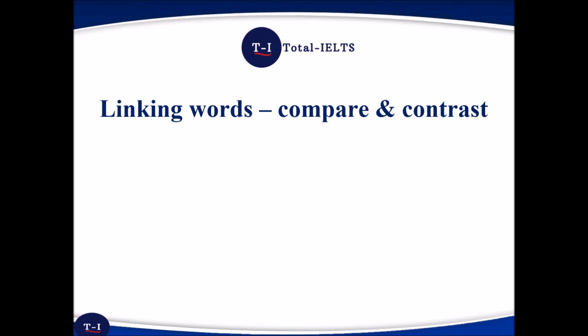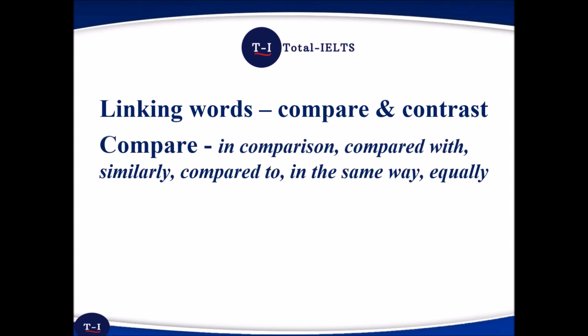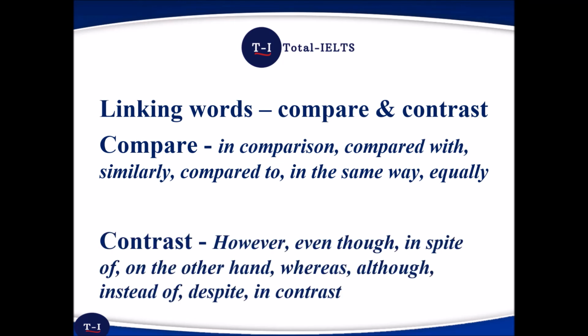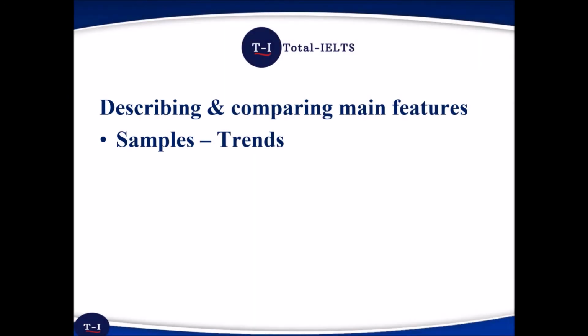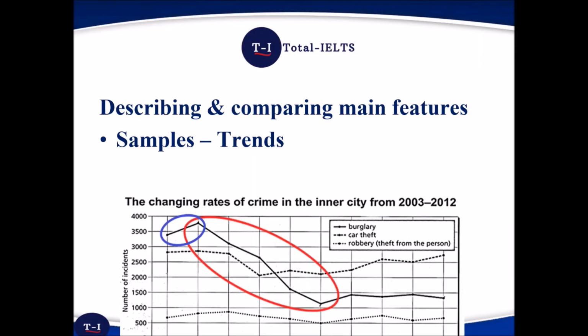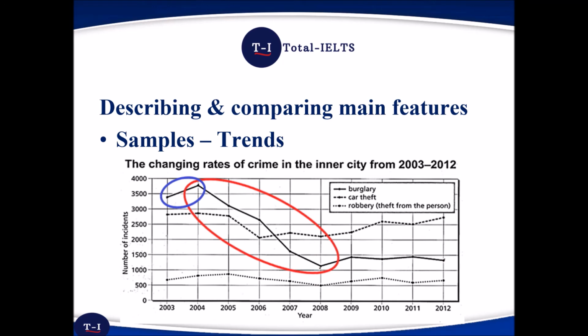The linking words for diagrams are used to compare and contrast, for example, in comparison, compared with, etc., and to contrast, however, even though, in spite of. So let's go back to our samples for describing and comparing the main features. And here in the diagram describing trends, these two main features can be described and compared.